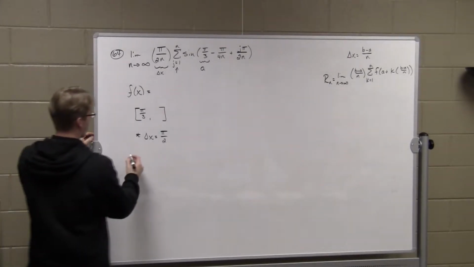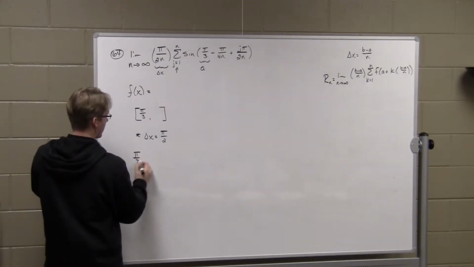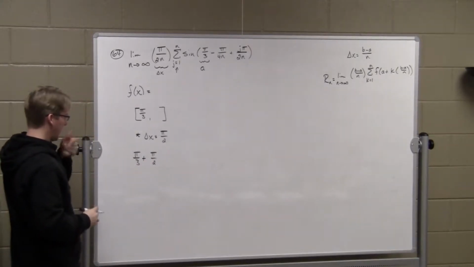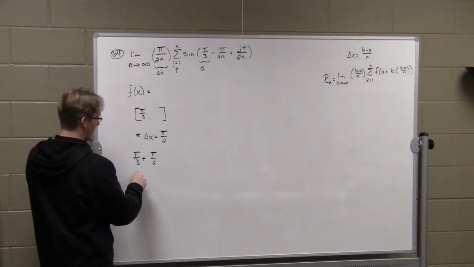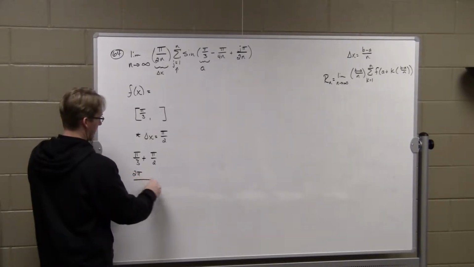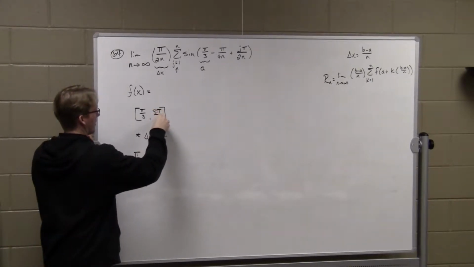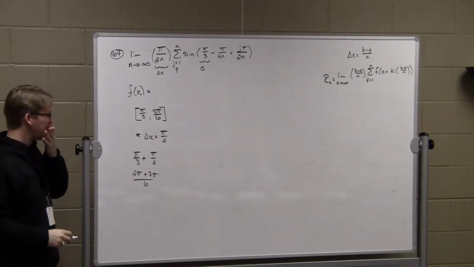Again, more scratch work. If I do pi thirds, and I'm going an extra pi halves, common denominator is gonna be 6, so we're gonna get 2 pi over 6 plus 3 pi over 6, so 5 pi over 6.